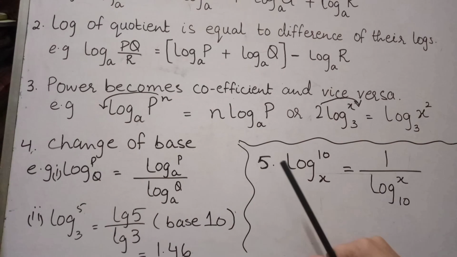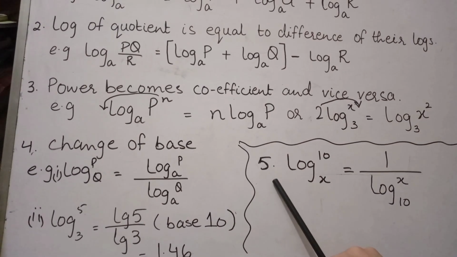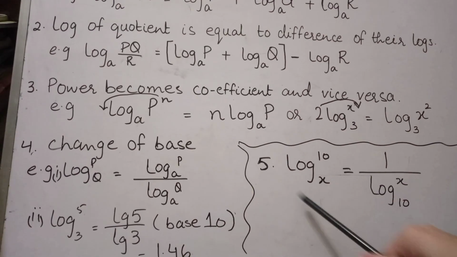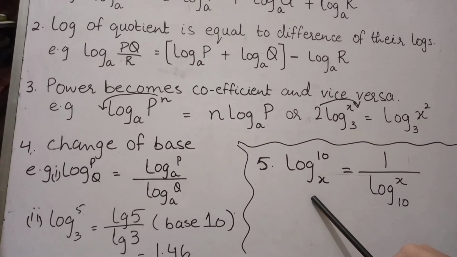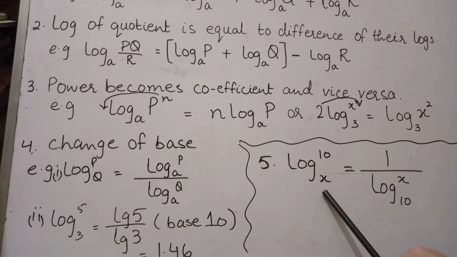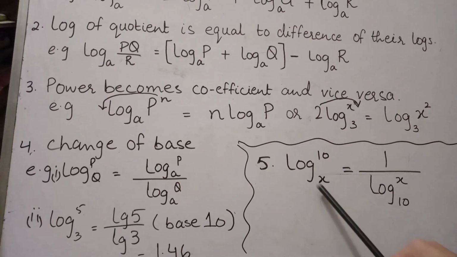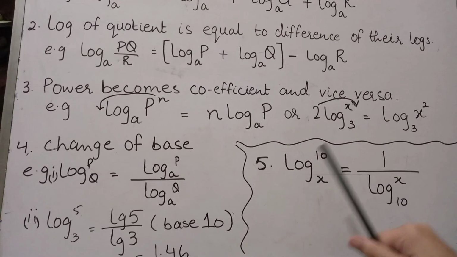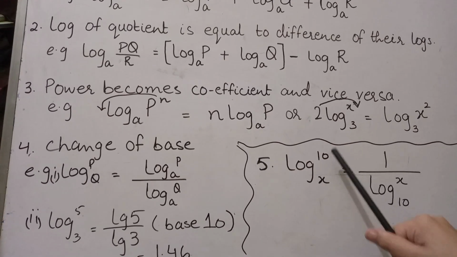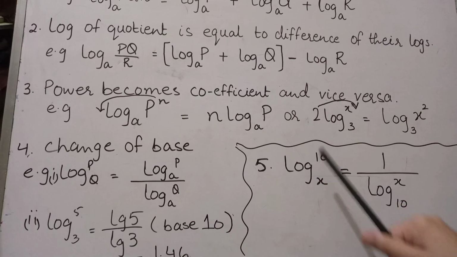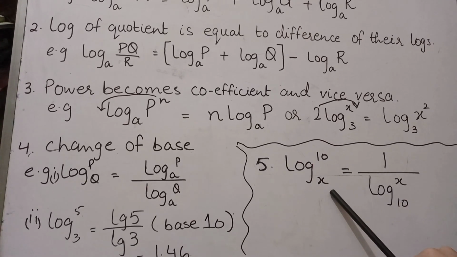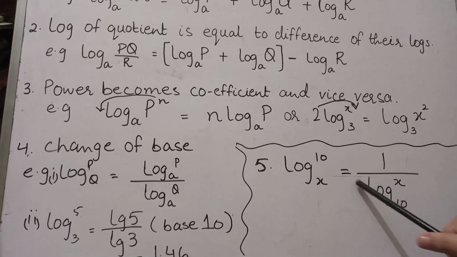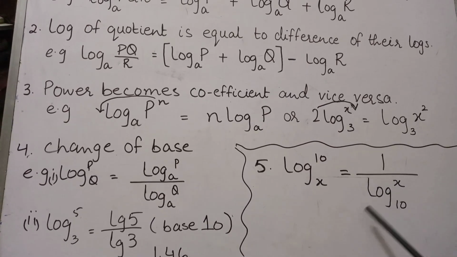Now coming towards the fifth and last law. Now for example, this is our question and I have to solve it. Now I don't know how to solve log base x, but I know how to solve log to the base of 10. So I need to bring this power into the base. What will I do? I will take the reciprocal. 1 divided by log, then what will happen?